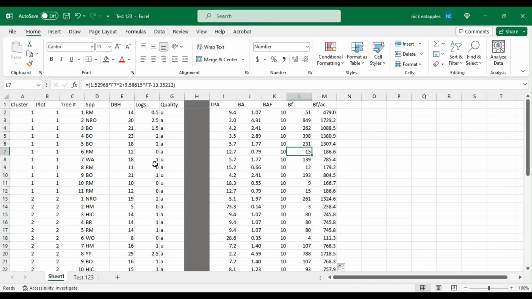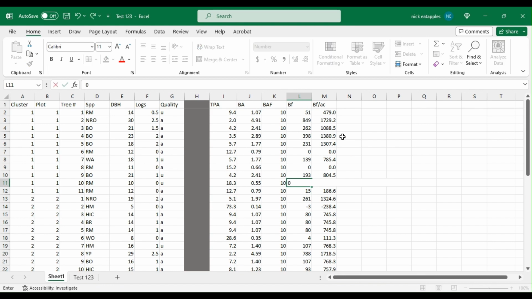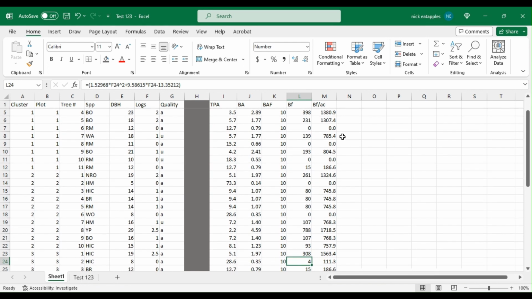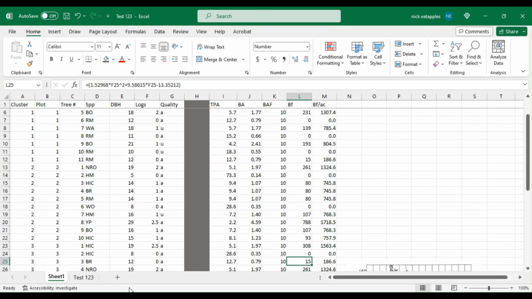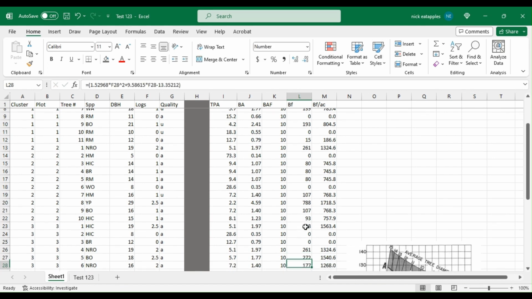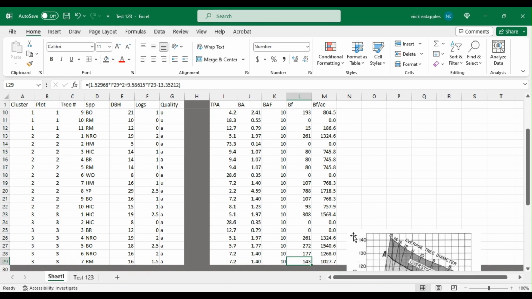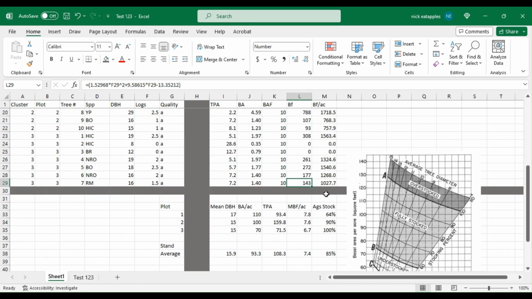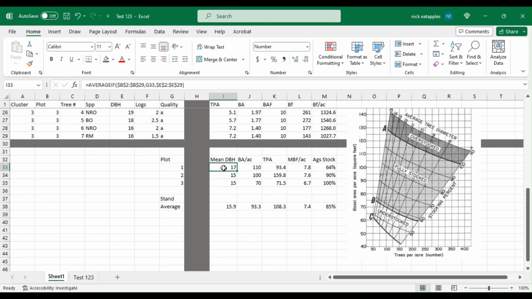And that formula works pretty good, but we just have to correct some of the funny ones. And for this little simple inventory, it's easy to just punch in zeros for the trees that would normally be pulpwood trees. And there's some more Excel magic you could do to make this work better, but it's just our simple example. Now you can figure out your averages across the plot.